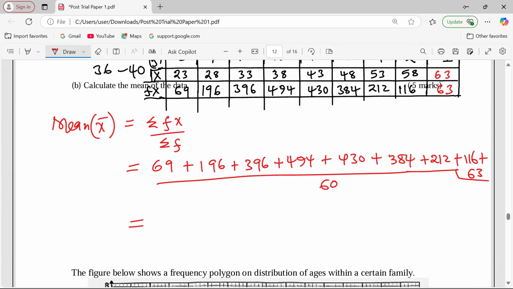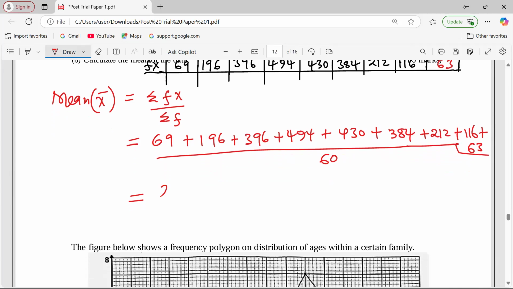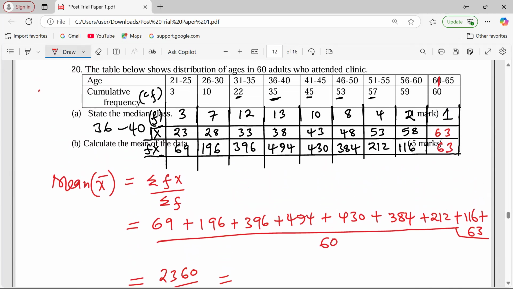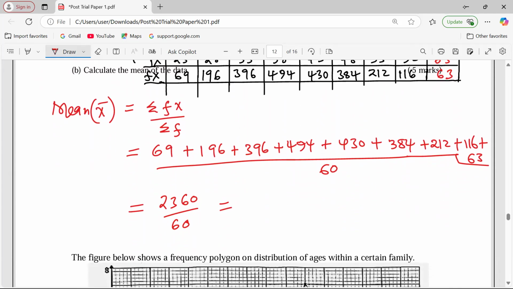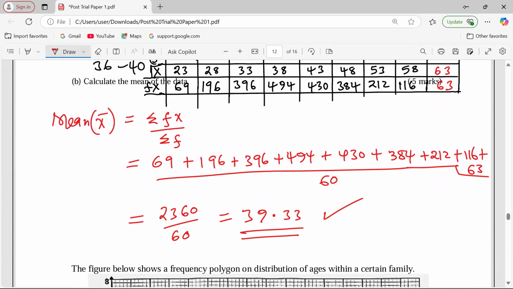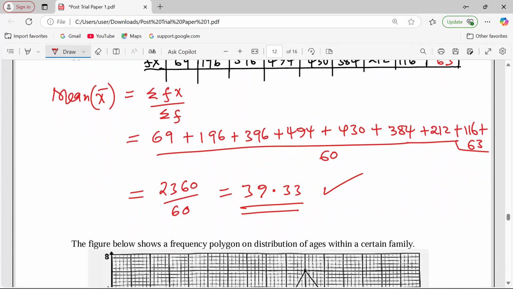This is giving us 2360 out of 60. So we are going to have 39.33. Yeah, 39.33. That is the mean of the data.